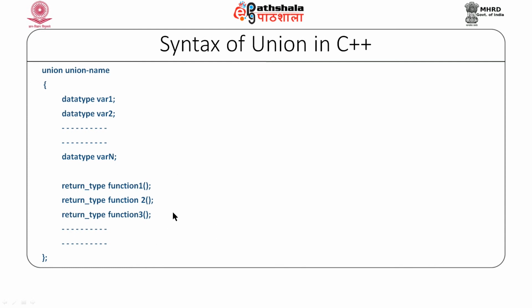And as you can see, the extension of union in C++ is that it can also have functions as members of the union. To use the members of the union, again we use the dot operator.